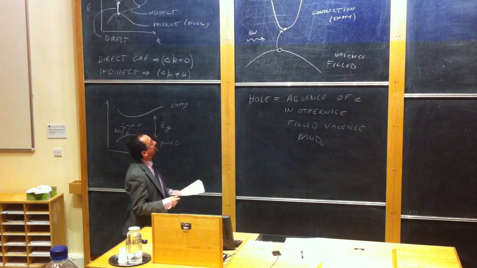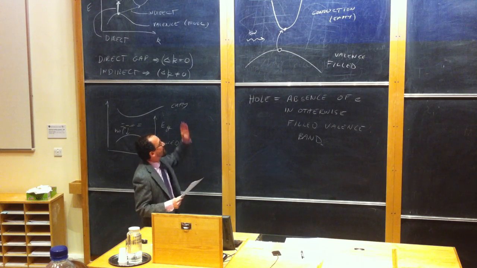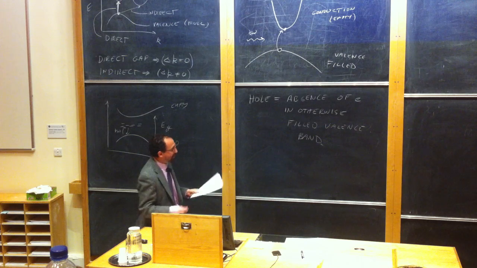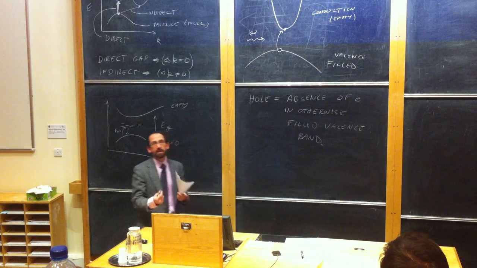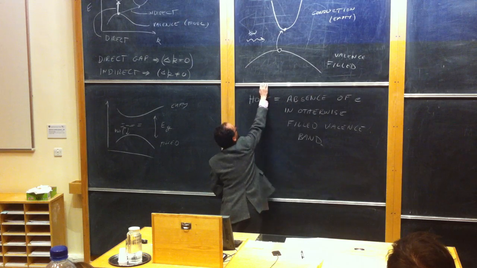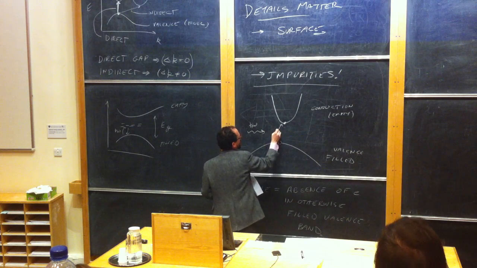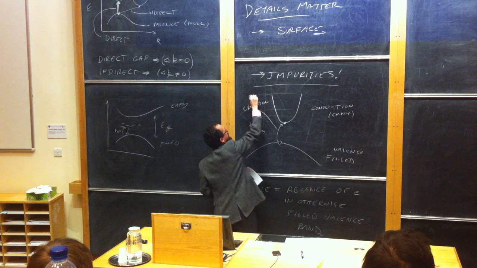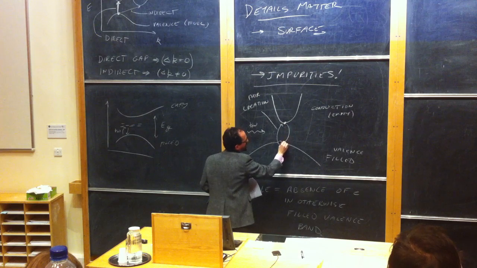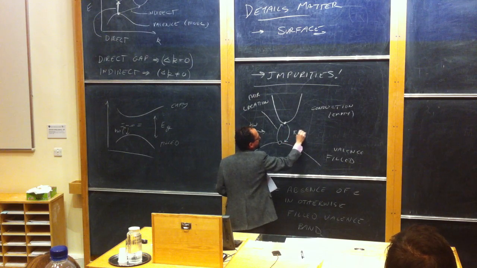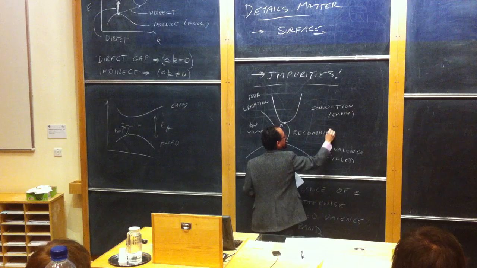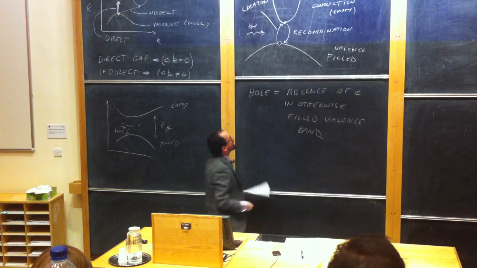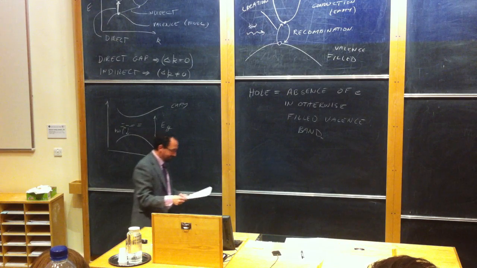Similarly here, when a photon of sufficiently high energy comes in, it can pair create an electron and a hole pair from the vacuum. And you should think of these electrons and holes as being completely independent particles. So here you have pair creation, and then at some later time, the electron may fall back into the hole. It's known as recombination. And once the electron falls back into the hole, you have the inert filled valence band again.